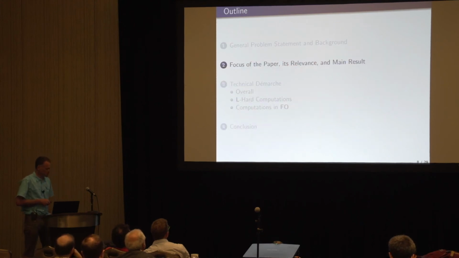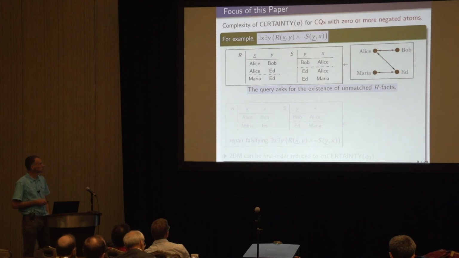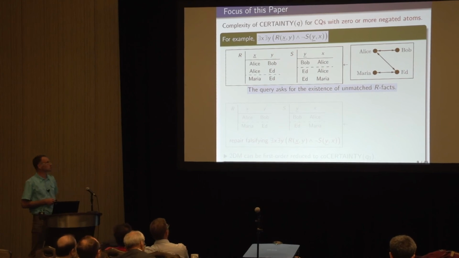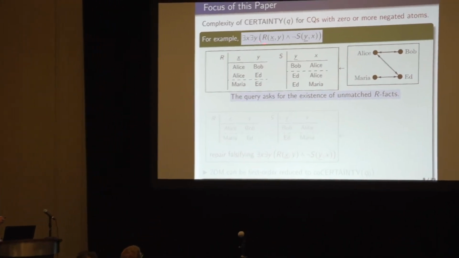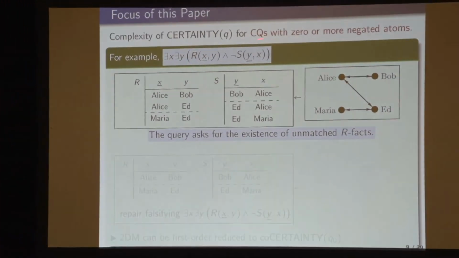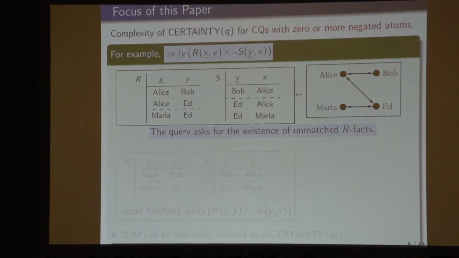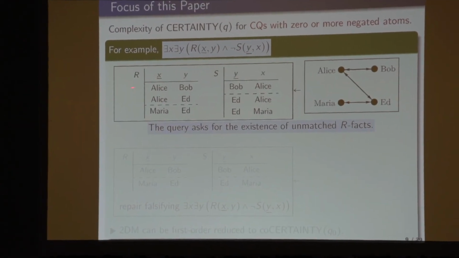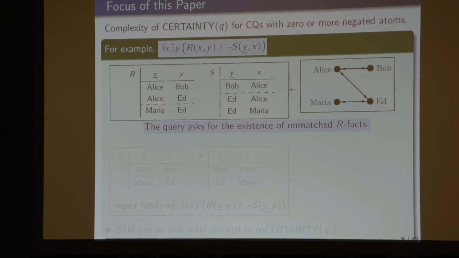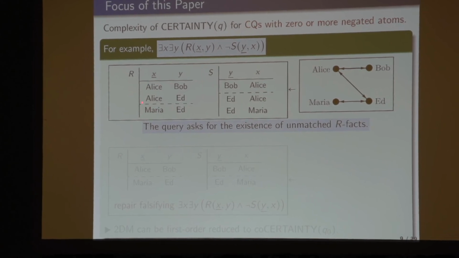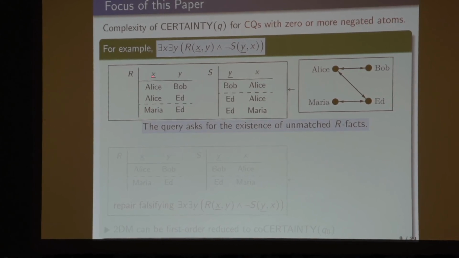So what is the focus of this paper and the main result? In this paper, we are looking at conjunctive queries with negated atoms. These are queries of this form where you can possibly have a negated atom. Here's an example. Suppose you have two relations R and S, with girls and boys, and the primary key is always underlined as X in R(X, Y).